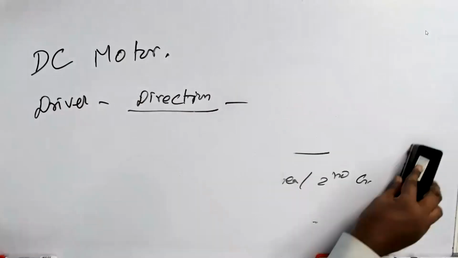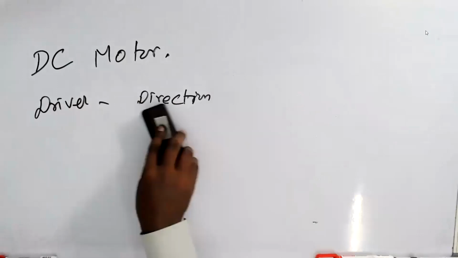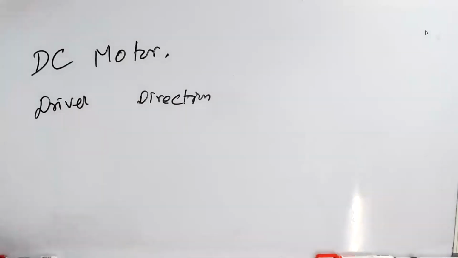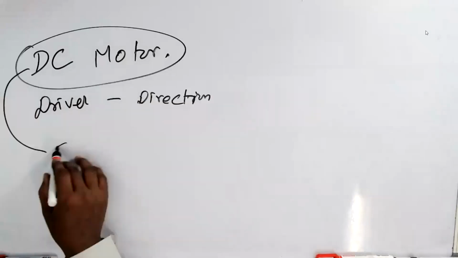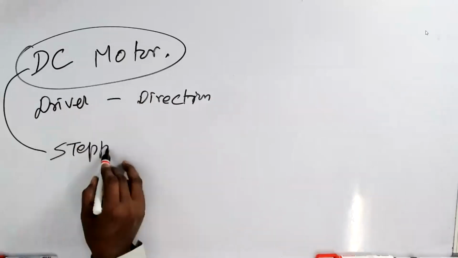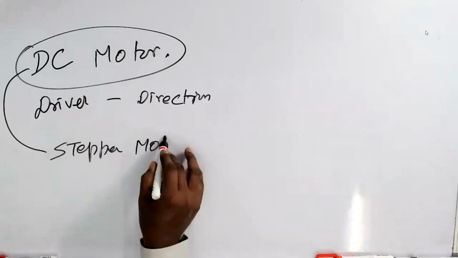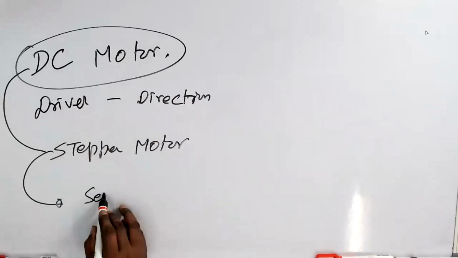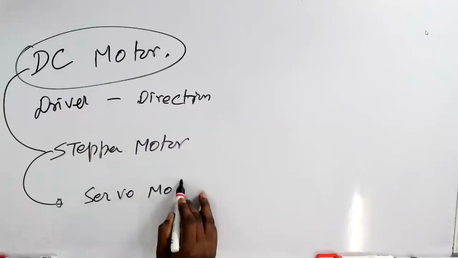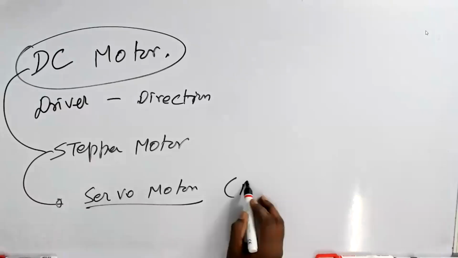Otherwise, you will not be able to do embedded perfectly. Then, after the DC motor, the next thing is the stepper motor. Next to the stepper motor is the servo motor. So this is also PWM.